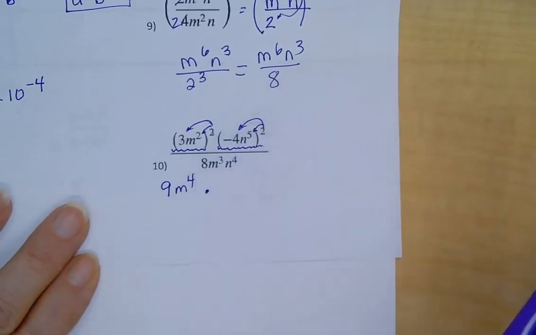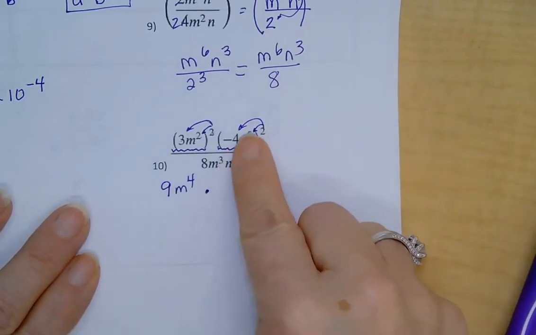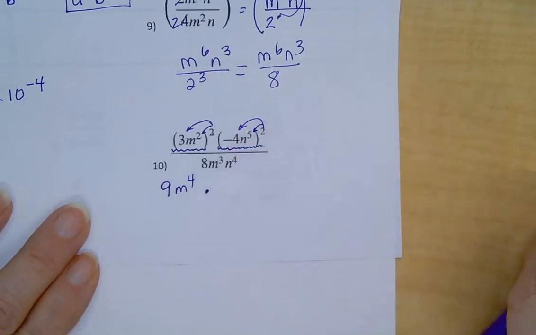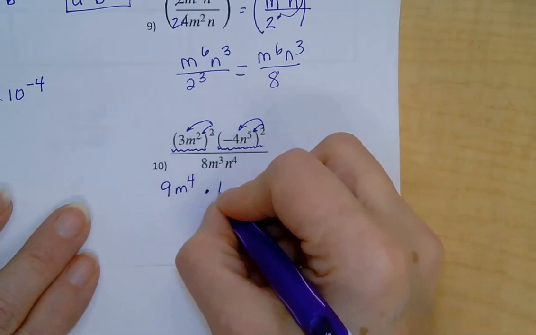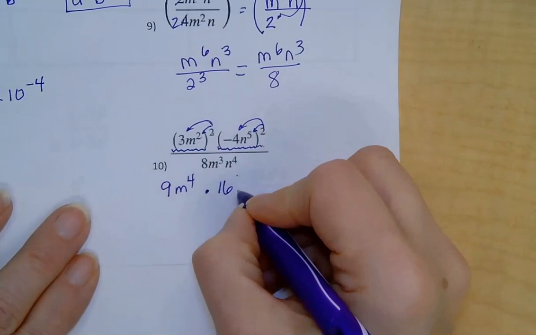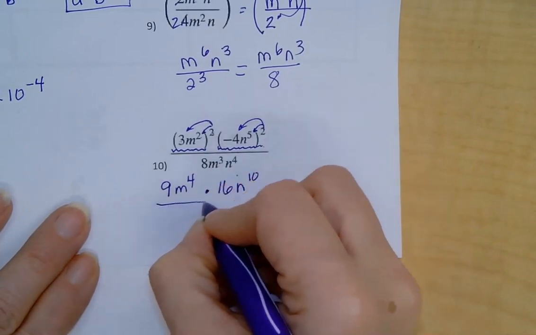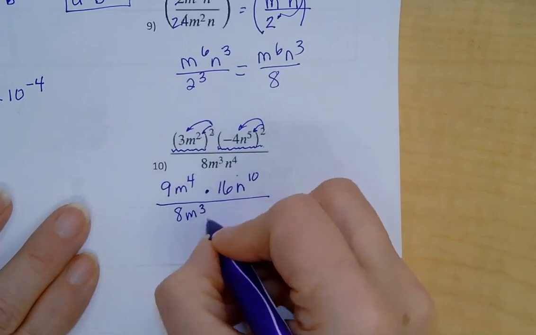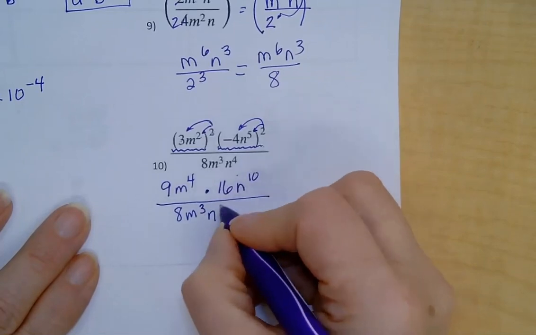Remember, this negative 4 is inside parentheses. If I didn't have the variable at all, that negative 4 would be inside parentheses. So it becomes negative 4 times negative 4, or positive 16. So I'm going to have times 16, and then n to the 5 times 2 is n to the 10, all over 8 m cubed n to the 4th.